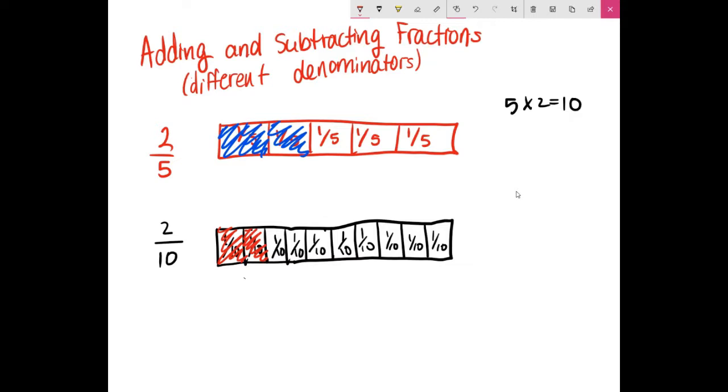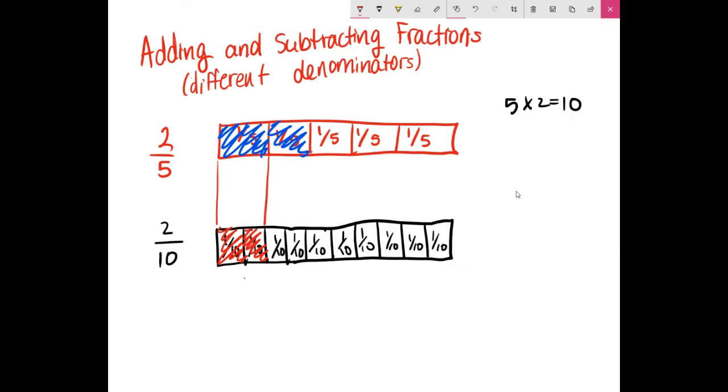If we look carefully, we can almost exactly map the two shaded pieces that are 1/10 size onto one 1/5 piece. What does that tell us? That tells us that the 2/10 are not the same portion of the strip as the 2/5. It's the same portion as a 1/5, but not the same portion as the 2/5.